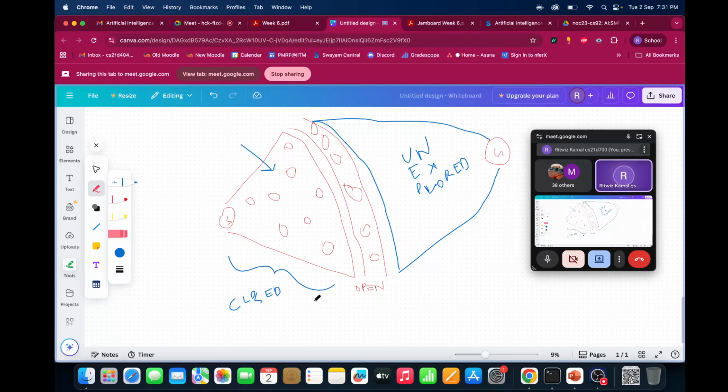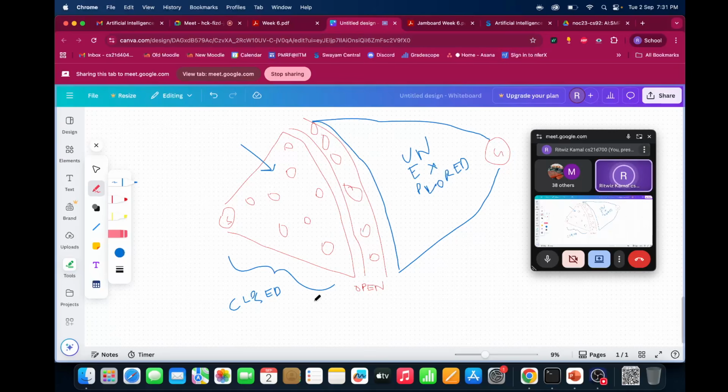Now we have been working with simple graphs in our examples, right? But let's say you have to apply this to a very large graph, which has millions of nodes. You don't want to keep track of all the nodes you have explored from the beginning, because that would increase the constraints in terms of the resources that you have.